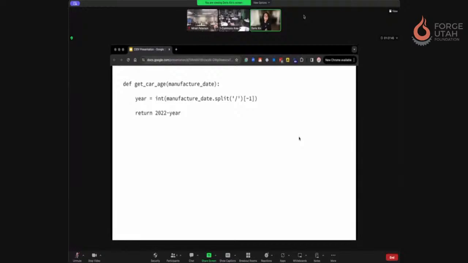Let's take an example of a super simple feature engineering code. I have some manufacturer date, and I want to get the age of the car out. So I am doing some string splitting to get the year, casting it into an int, and then working backwards to figure out the age of the car. Data validation is all about what must be true about the input for the function to behave correctly.